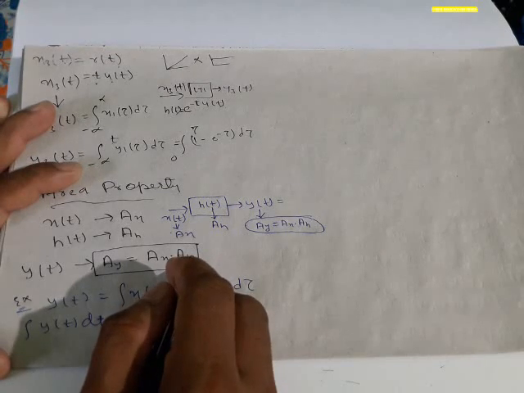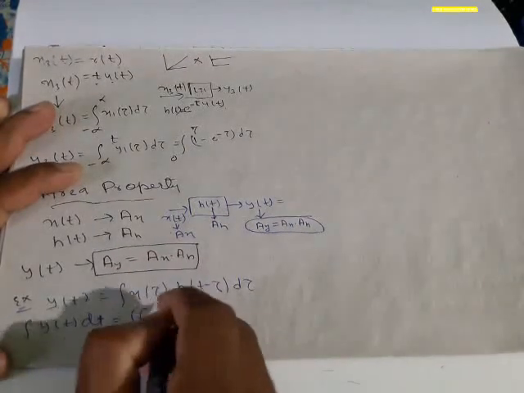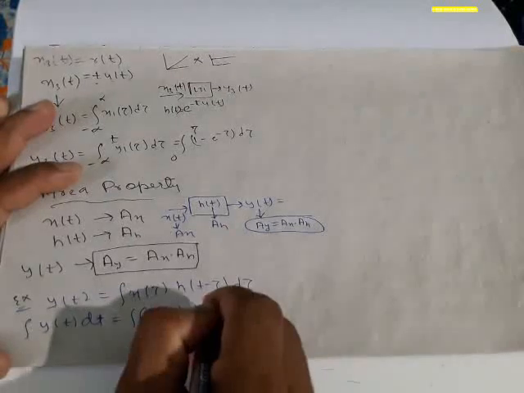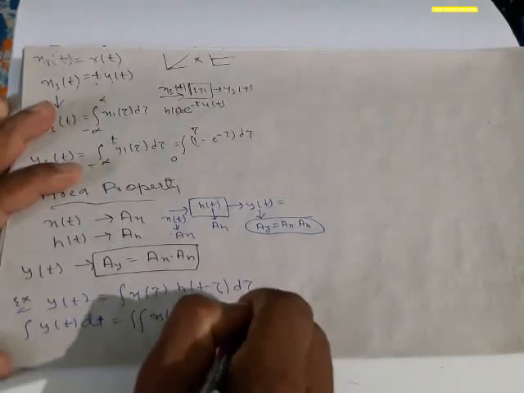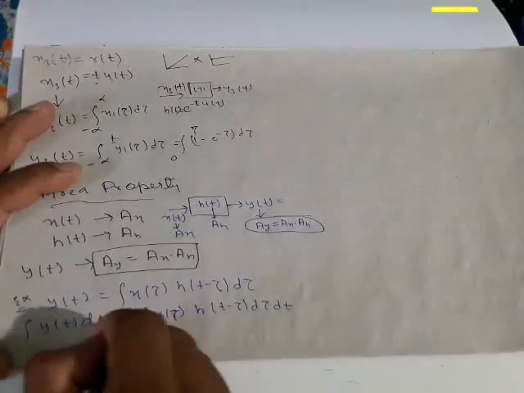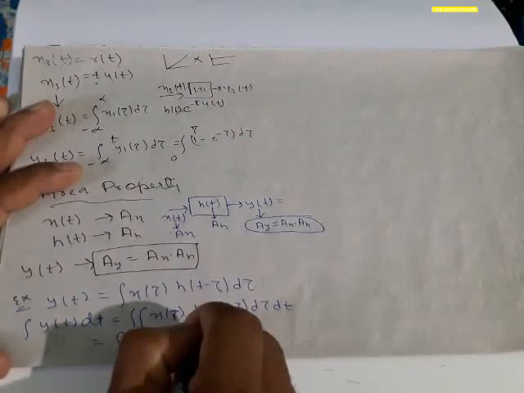So 1 equals A root 2 after cancellation, so A is nothing but 1 by root 2.